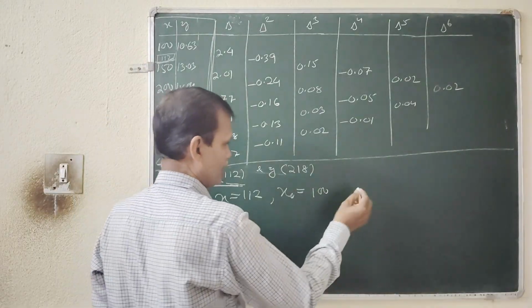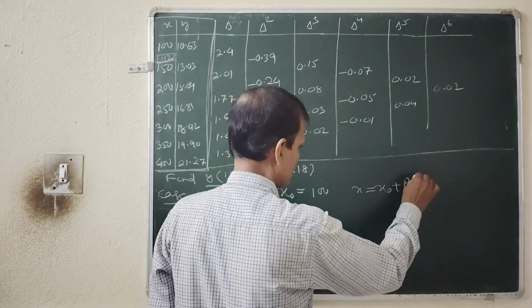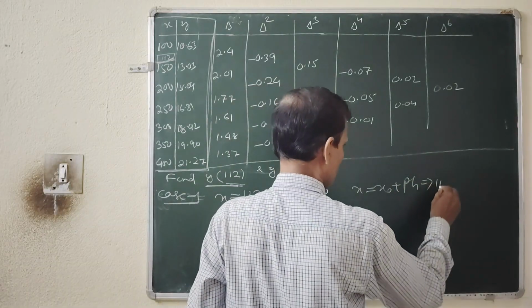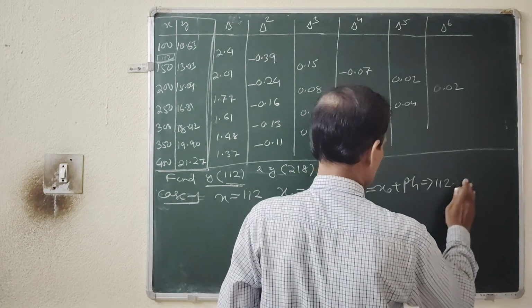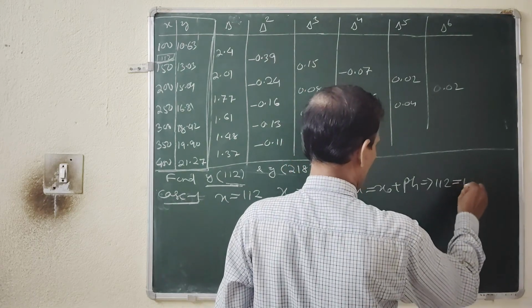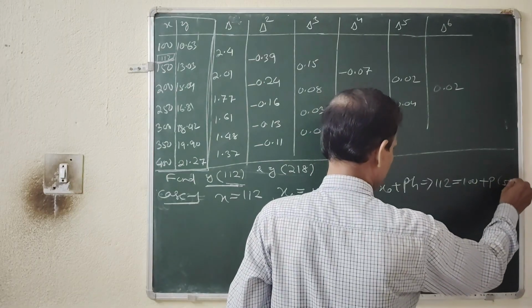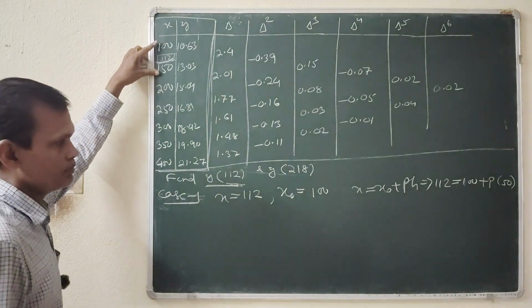We have defined x is equal to x0 plus p h. That implies 112 is equal to 100 plus p times h, where h is 50, because the step length from 100 to 150 is 50.